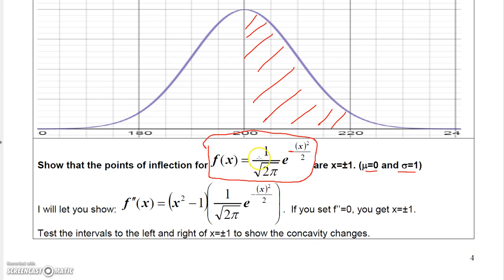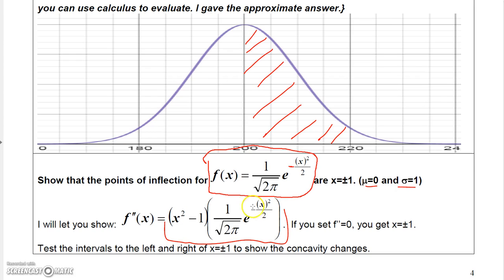Now, you may find it interesting, I don't know, but if you find the derivative of this, and I'll leave you to show that the derivative of this is actually x squared minus 1 times this expression. Well, if you set this equal to 0 to find critical numbers, you would find that the critical numbers would occur when x is either 1 or negative 1, and this is the second derivative, okay? So I didn't mean to say critical numbers, I meant to say points of inflection.